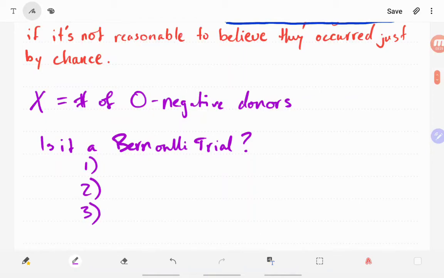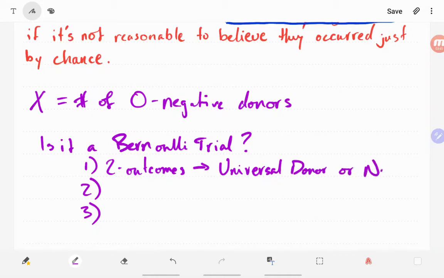Do we have just two outcomes? Our two outcomes in this case are whether they are a universal donor or not. Excellent. Do we have a constant probability of success?